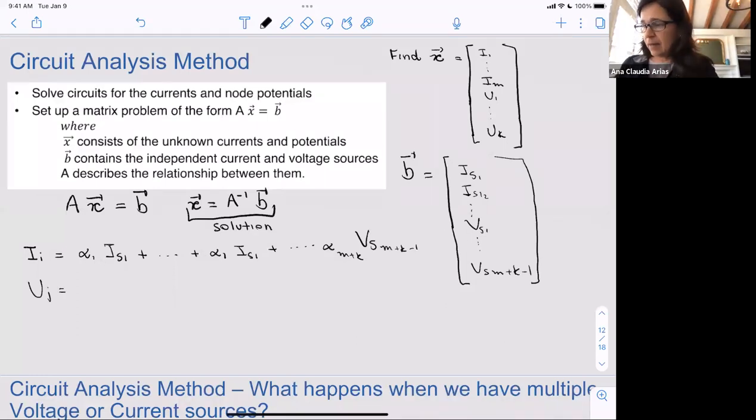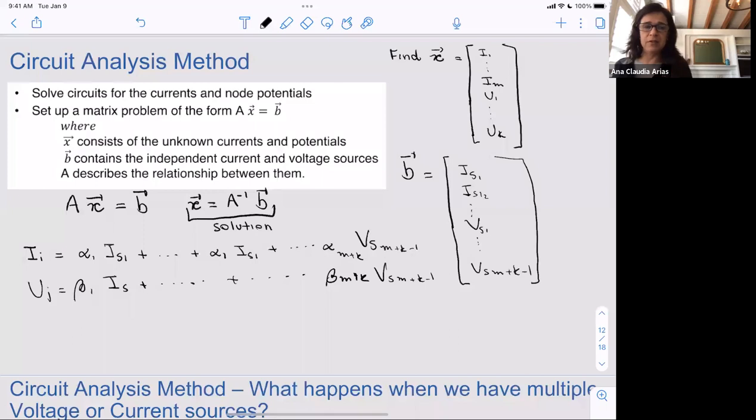And this is exactly how you did your vector matrix multiplication, right? So I go here, beta 1 IS1 plus all the way to beta M plus K VS M plus K minus L. Okay, I'm making just the dimensions work.